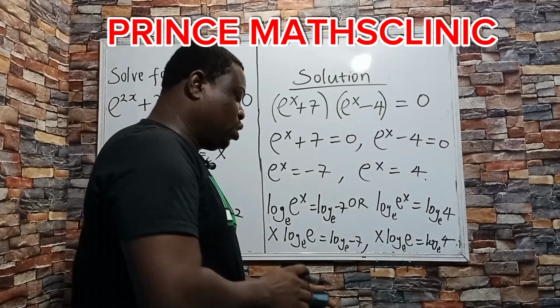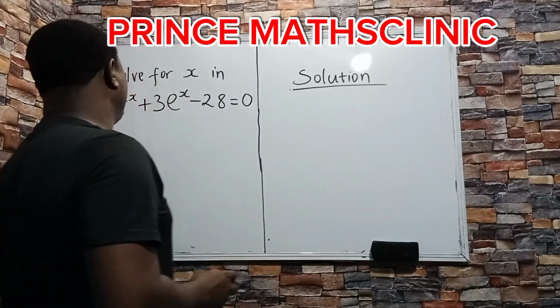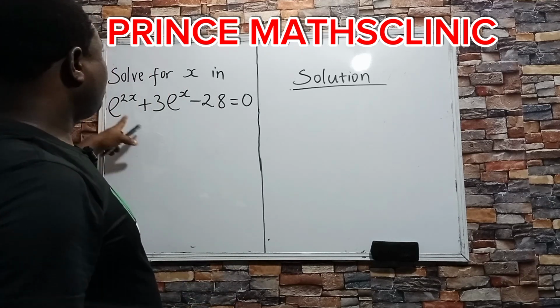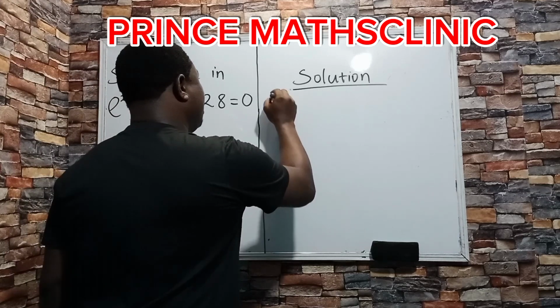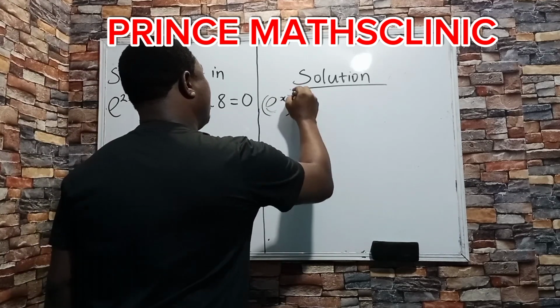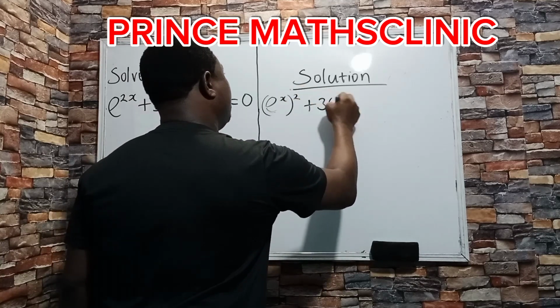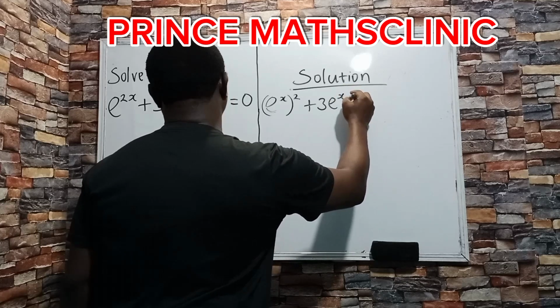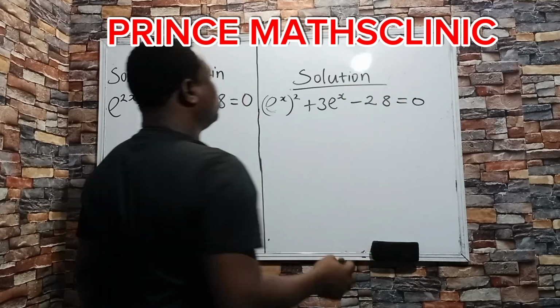Another approach to this particular question is this. Rearrange it as e to the power of x, squared, plus 3e to the power of x minus 28 gives us 0.